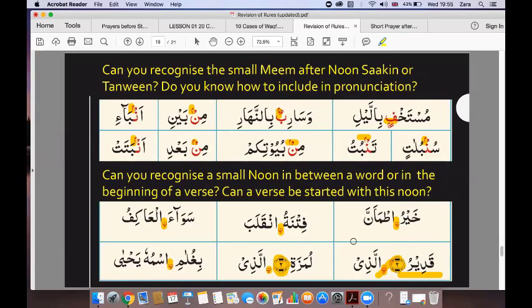Second scenario is, if it's not lam mushaddad or lam sakin, you think about what's the first mutaharrik letter. So first mutaharrik letter, we have a fatha. Fatha or kasra, this blank alif will take a kasra. If it's a dhamma on the first mutaharrik letter, the blank alif will take a dhamma. Hopefully that's made some sense to you.